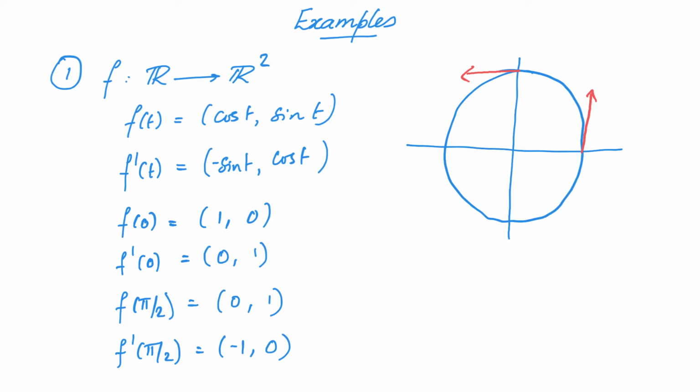Once again, this matches with the intuition we have about tangents to a circle. Similarly, we can show that the tangents at all points are as we would have expected. Of course, I am not going to compute the tangent at all points, and I leave it to you as an exercise.